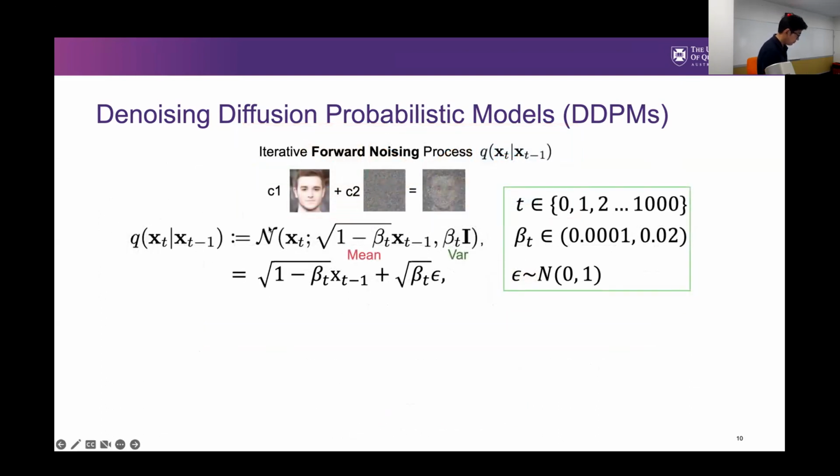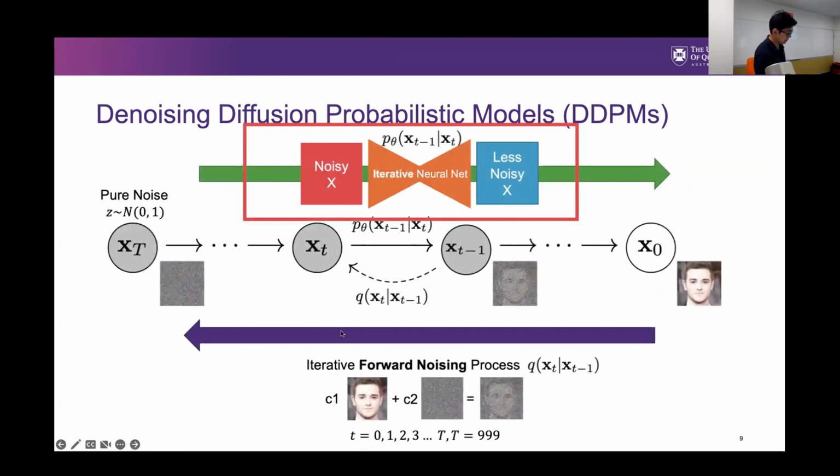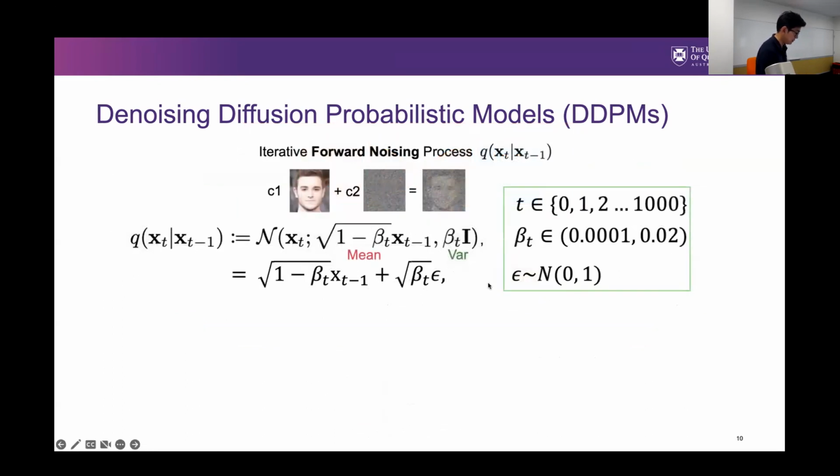So before we go more into the neural net bit, I'll just talk a bit more about the forward process, which is the process we use to generate the training data, the noisy images. So it's controlled by this scheduling factor or scheduling constant that changes according to each time step.